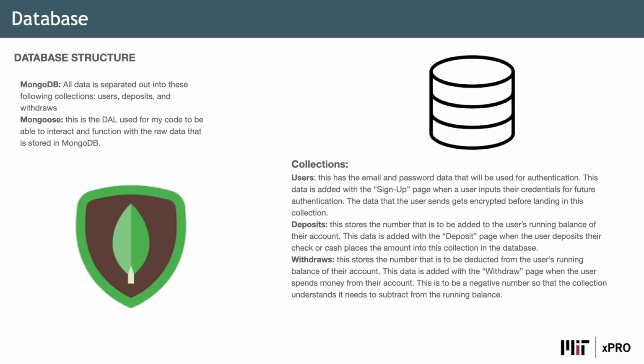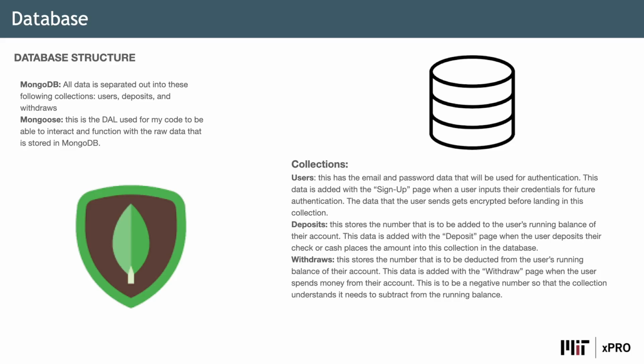So very simply, the database that we decided to use, as we already stated in the first video, was MongoDB. All the data is separated out into three different collections, essentially buckets within MongoDB.